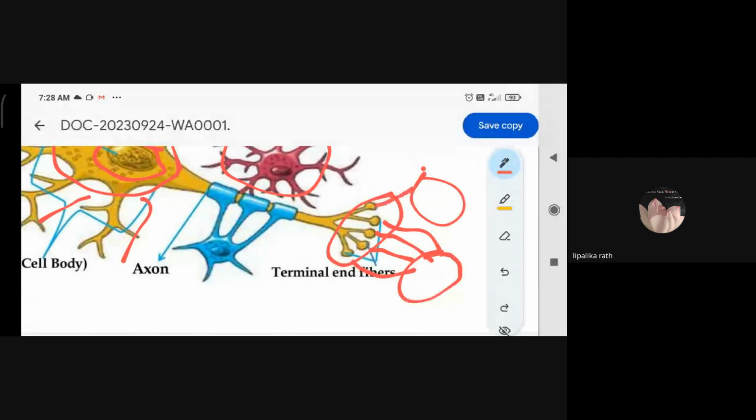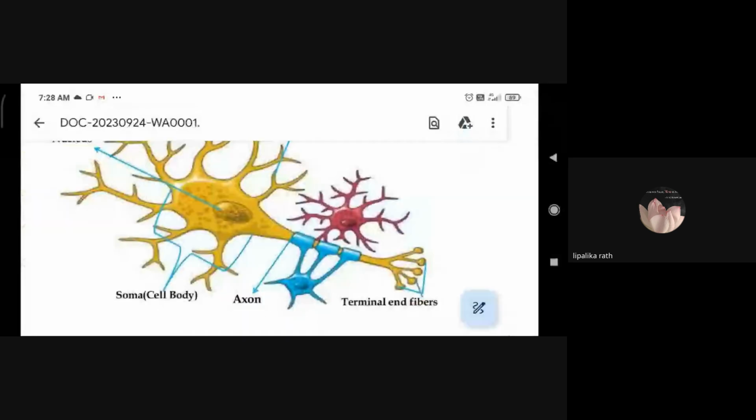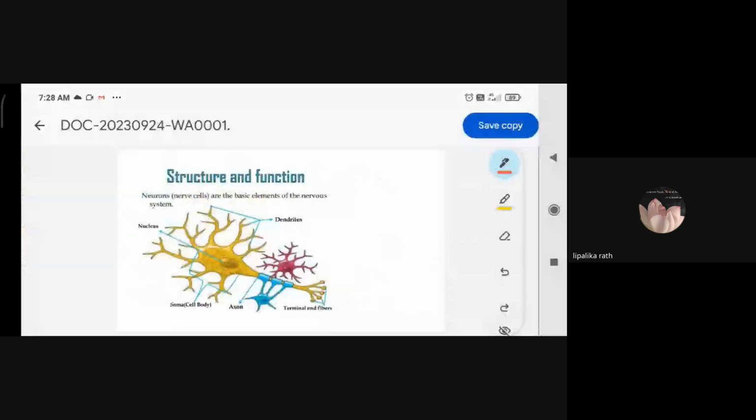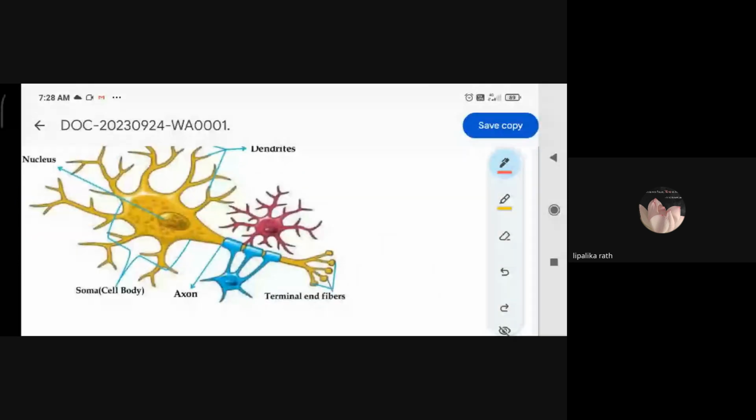So what I was talking about, just for example, these are the axon terminals of a neuron, and from these terminals the dendrites of the next neuron receive information.